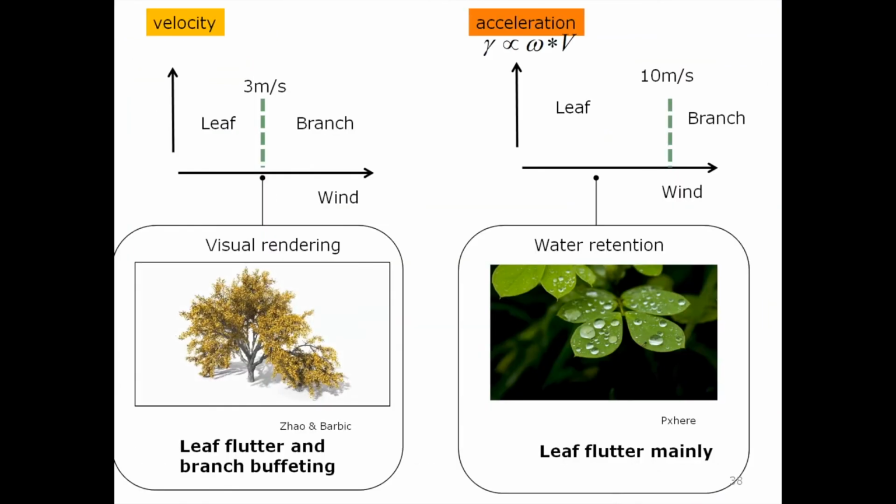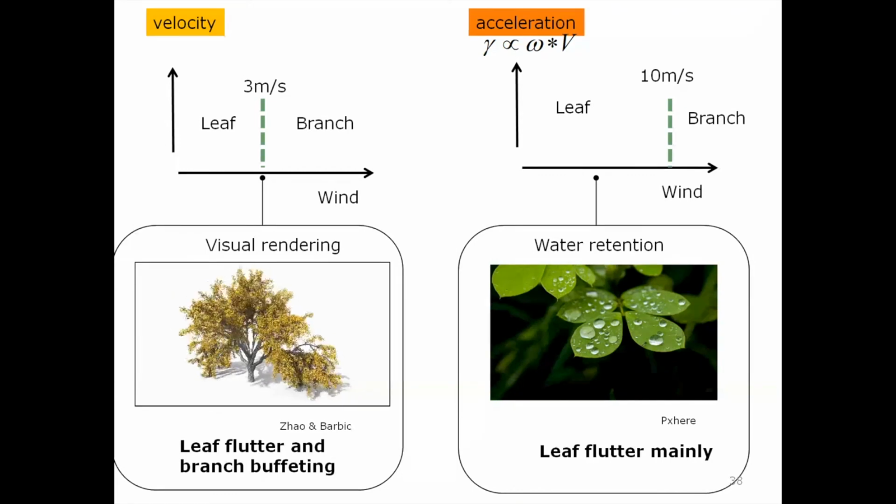And of course, if you're interested in applications that depend on the velocity of the foliage, for instance, visual rendering, or Wi-Fi interception, then you are going to have to consider the contribution of leaf flutter and branch buffeting, of course in low winds, which is the most classical case, a couple of meters per second.